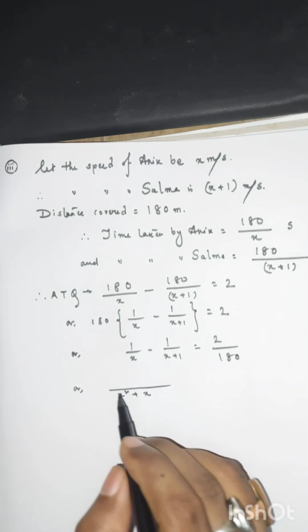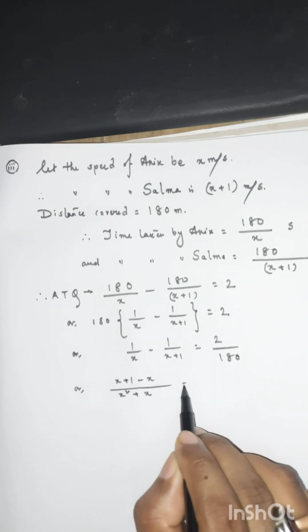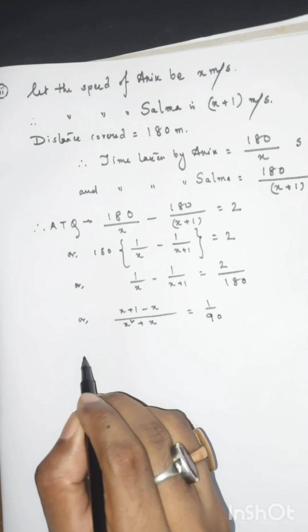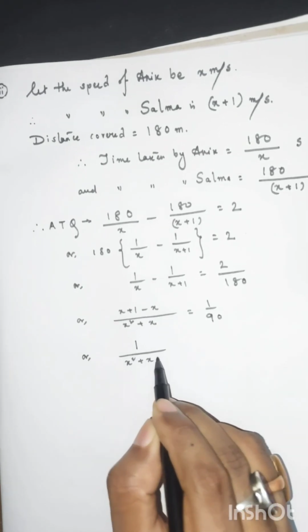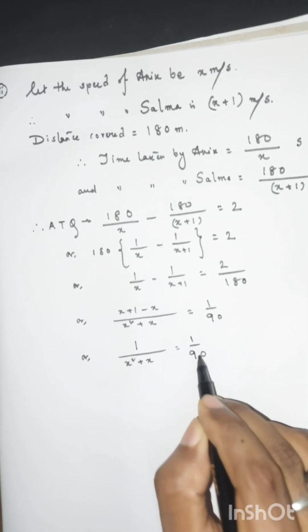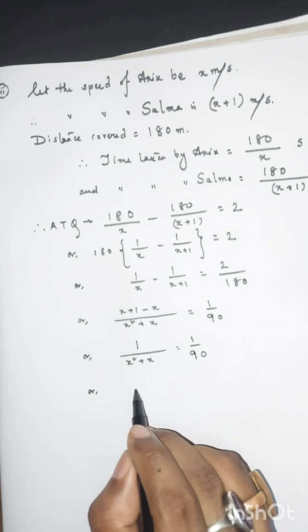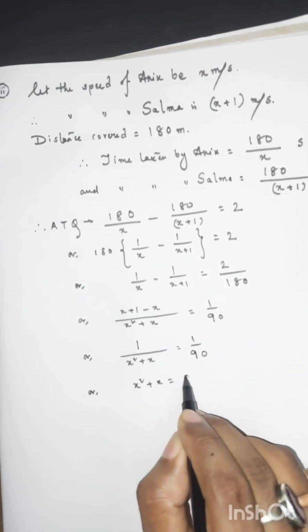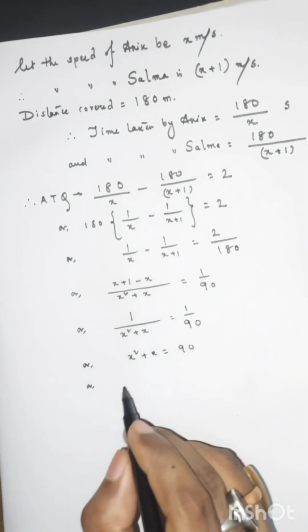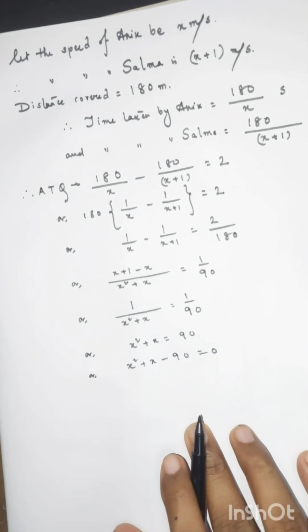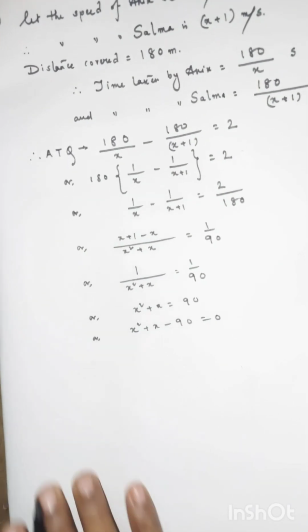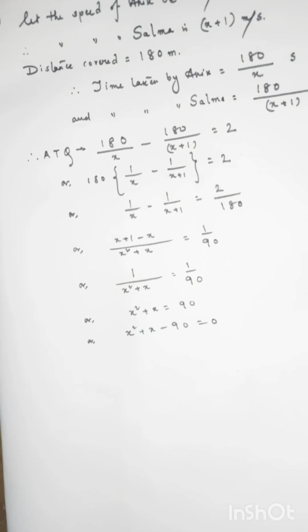So this is x square plus x. Now here either we can apply Sridhar Acharya's formula or we can apply middle term factorization.